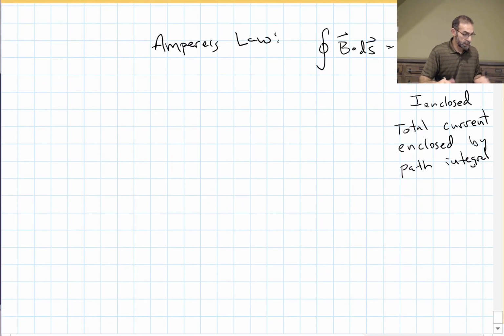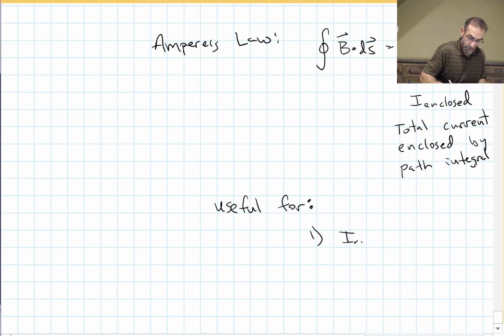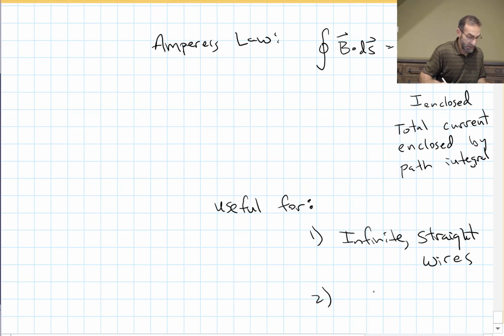Where is this helpful? Let me tell you. Infinite straight wires. And solenoids.